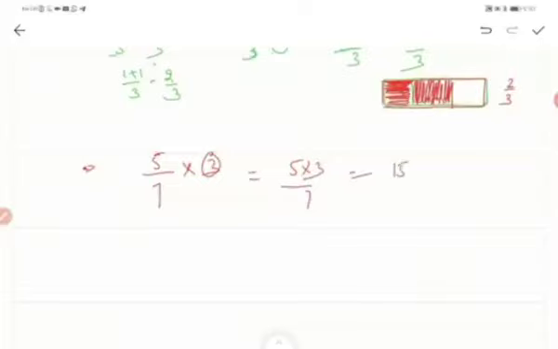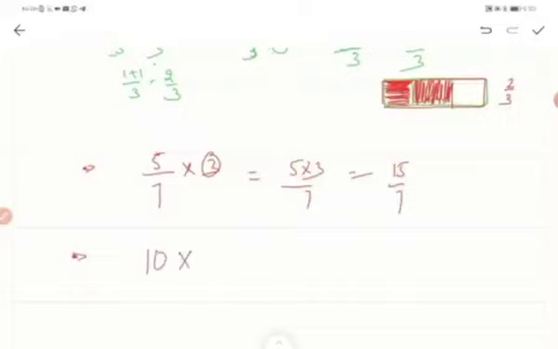Let me take any other example. If I have a fraction like 5 by 7, okay, I'm multiplying it with 3. Okay, so this will be how much? It is very simple. You will multiply this whole number with the numerator of the fraction. 5 into 3 by 7, this is equal to 15 by 7. Okay, or let me take one more.